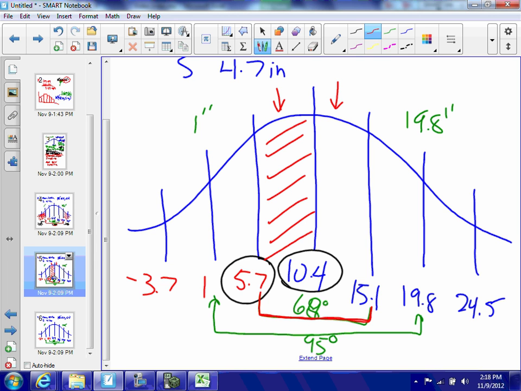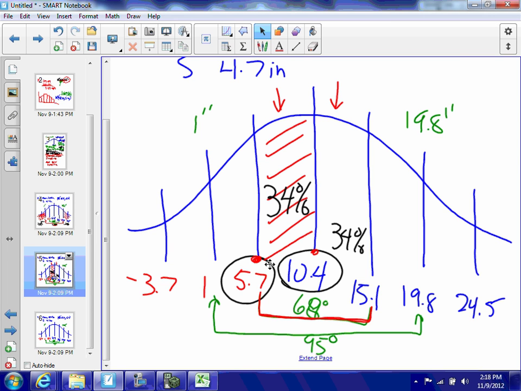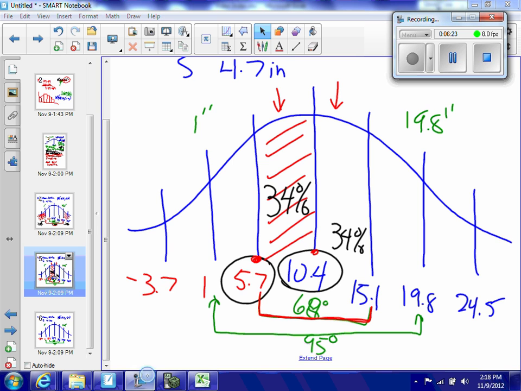And we're looking between 1 standard deviation negative and the mean. So I would take my 68%, divide it by 2, and say that this part in the middle here should be 34%. Just as the trees that should be between 10.4 and 15.1 is also 34%. We take our 68% and divide it right down the middle.